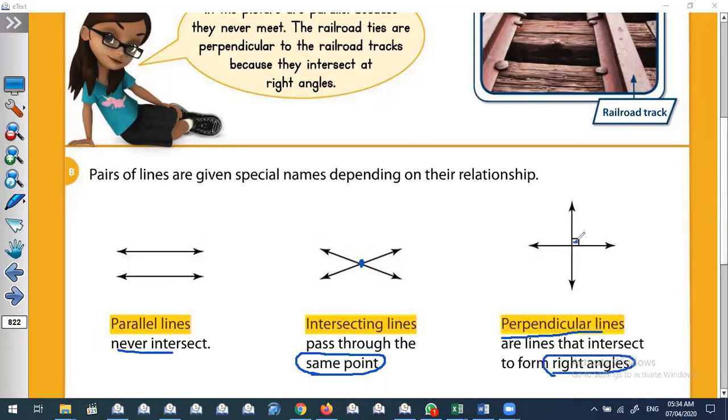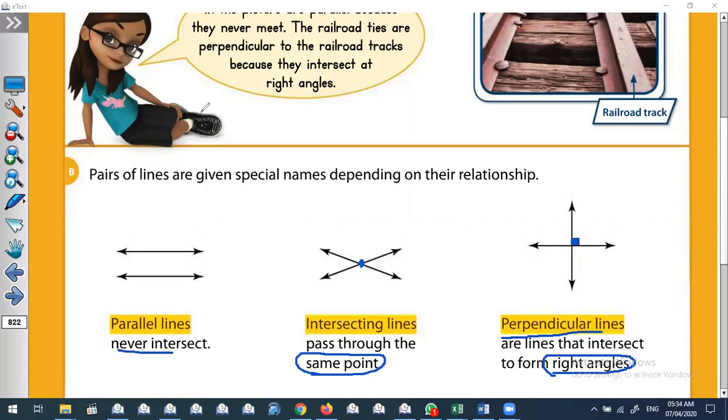Here we have a square corner, so they are called perpendicular lines. So parallel lines never intersect. Intersecting lines pass through the same point. Perpendicular lines intersect to form a right angle.